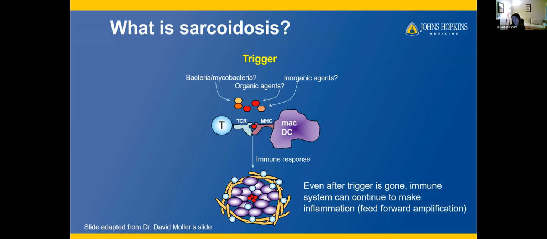So in general, as a field, we do not believe that sarcoidosis is autoimmune. We believe that it is your body trying to respond to a trigger to protect yourself. But in doing so, the immune system is over-responding and causing this inflammation that subsequently in some individuals can lead to organ dysfunction.